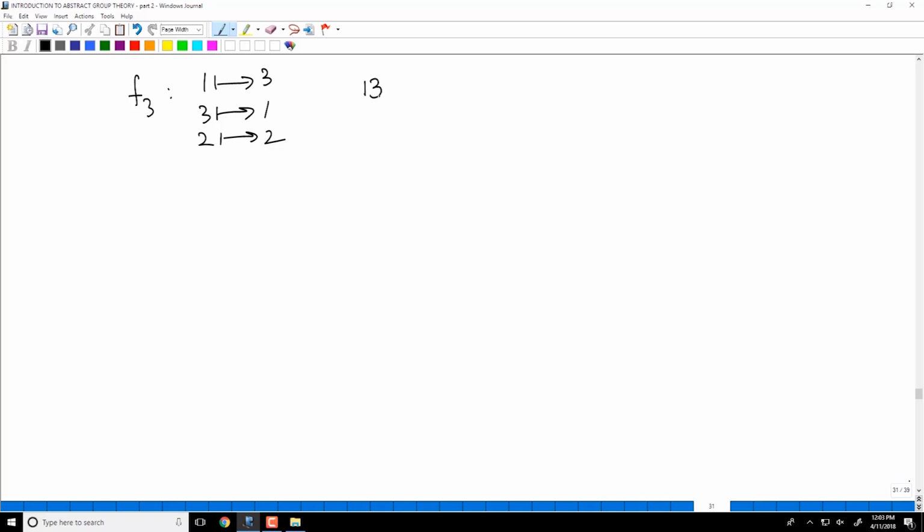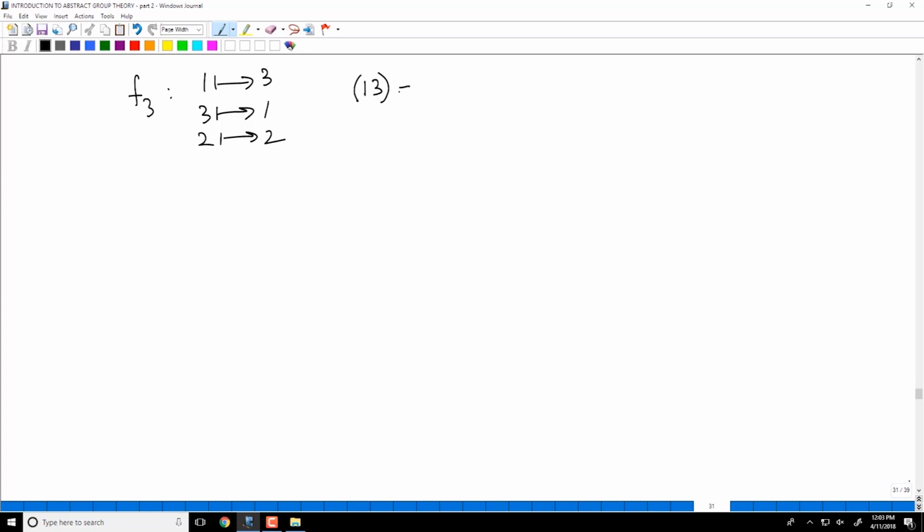And where does 3 go? It goes to 1. So I don't want to write a number again. So I'll remove 1 and I start the bracket. I put 1. 1 goes to 3. So I put 3 there. But 3 goes to 1. So I close the bracket, because once you look at the last number before the bracket, it goes to the first element in the thing. In other words, it goes to 3.